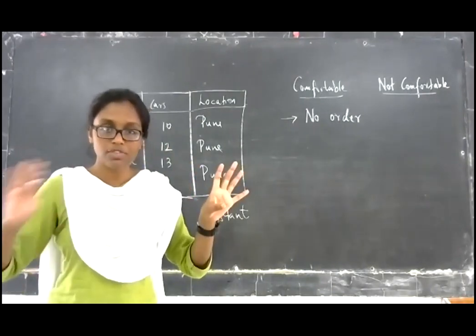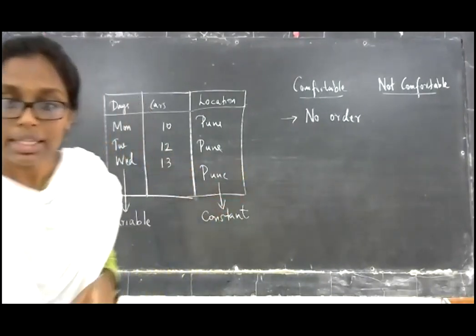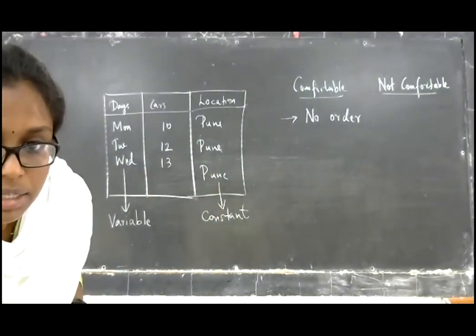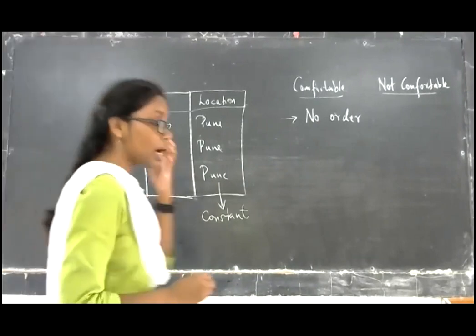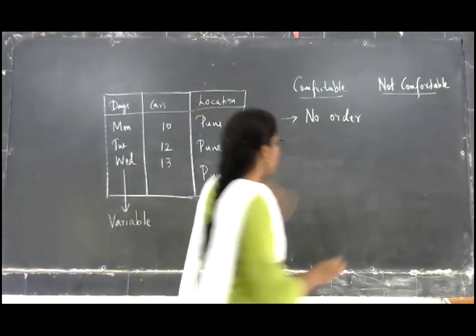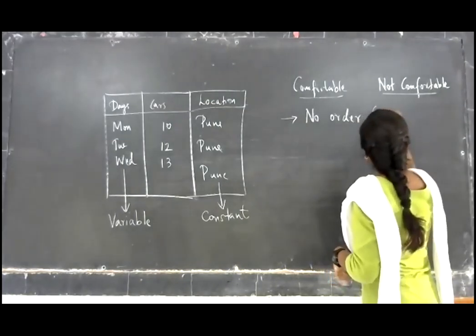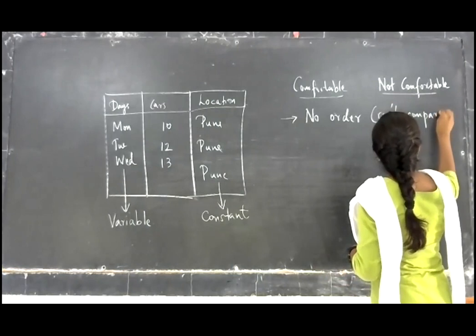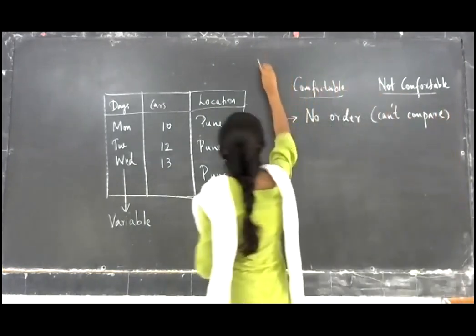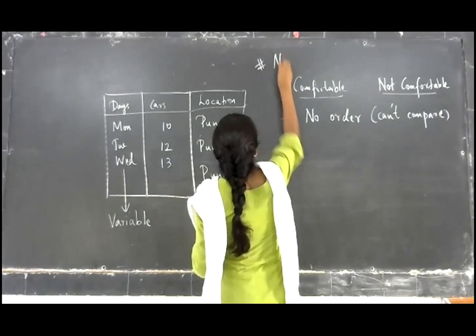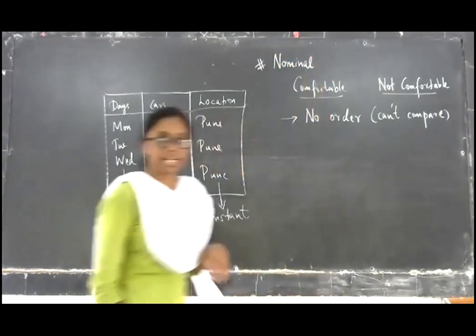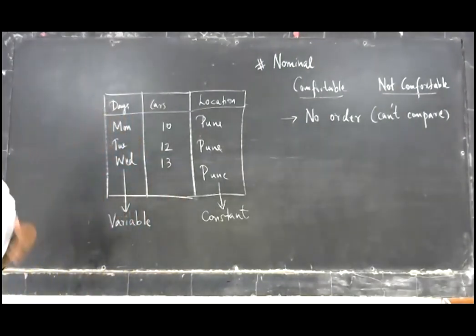So this kind of data, where you can't compare or place them in order, is called nominal data.